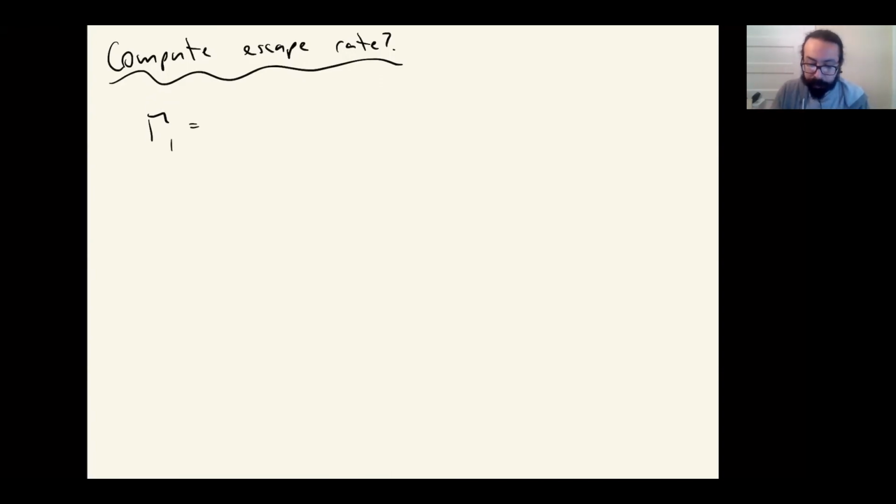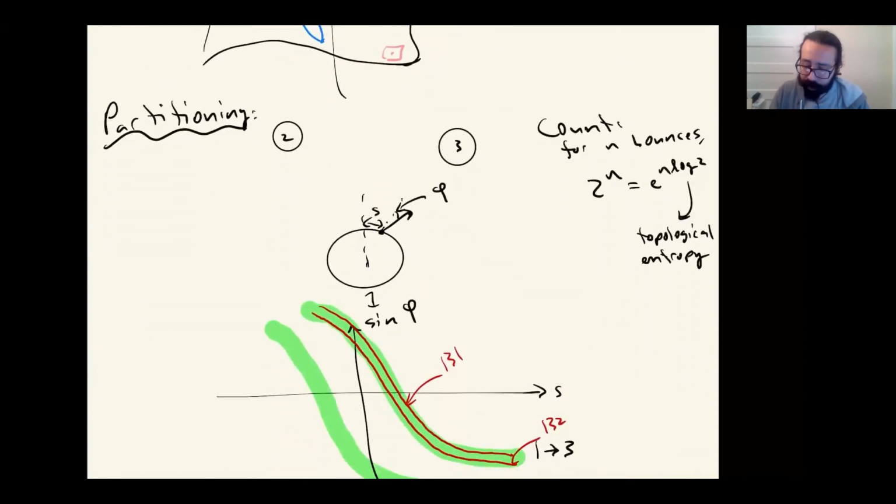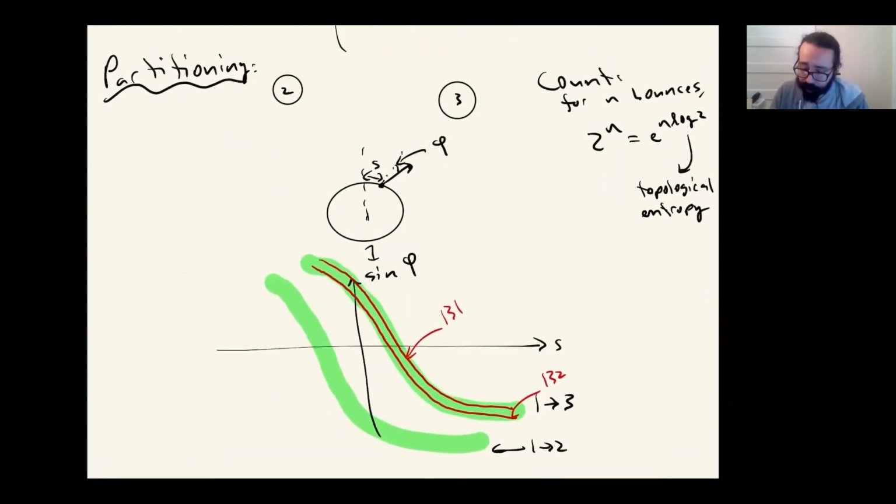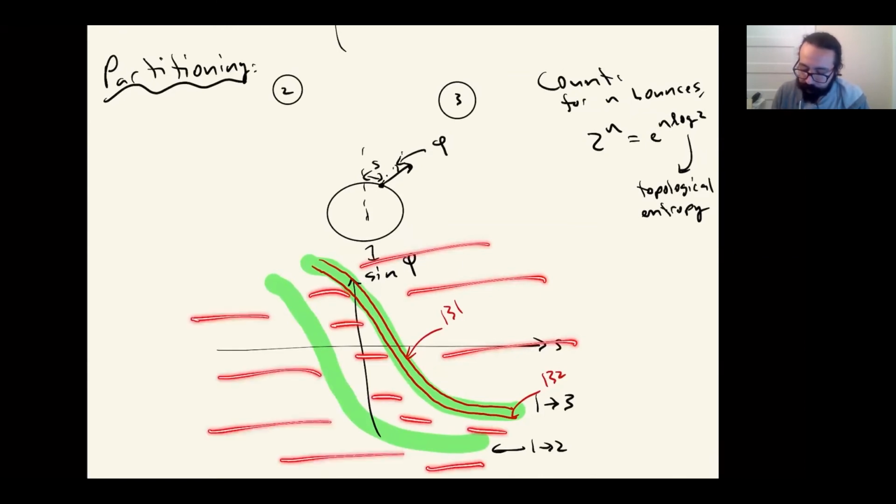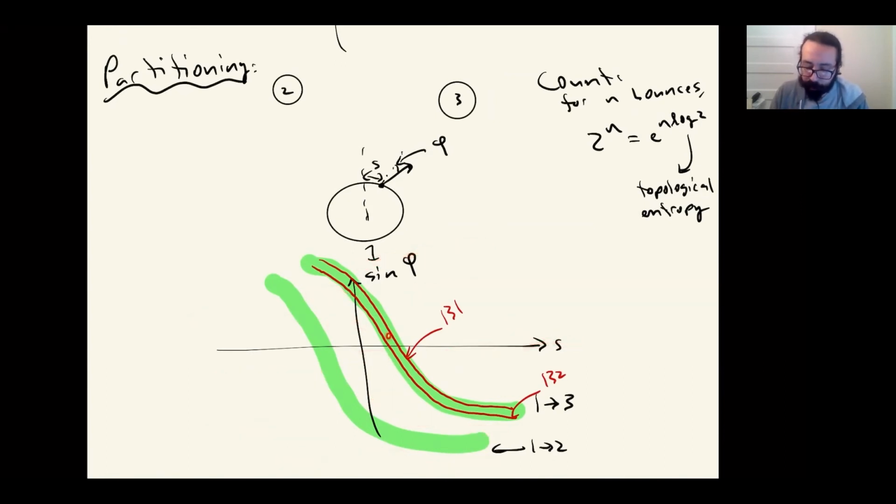If I escape after one bounce, then I know I'm in the region outside of these two strips. So if my trajectory starts in one of these regions outside the two strips, then I know I escape after one bounce. And so the probability you survive is just the area of the two strips relative to the total area you're starting with.